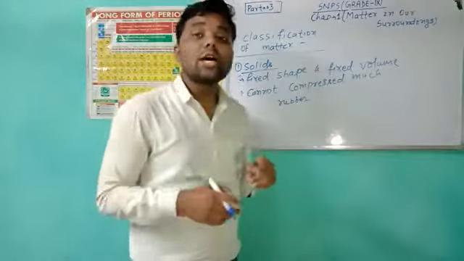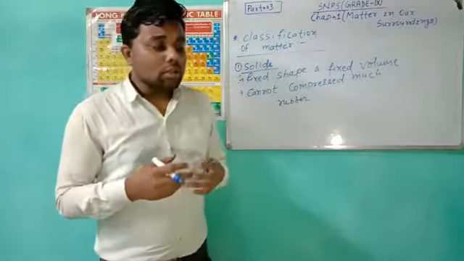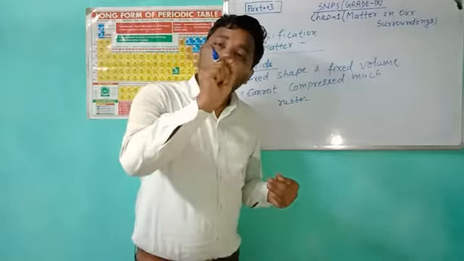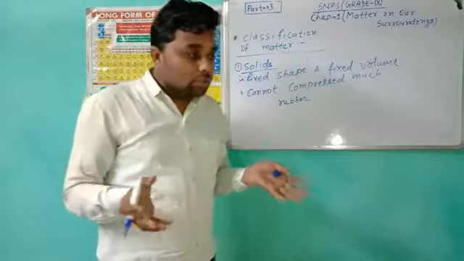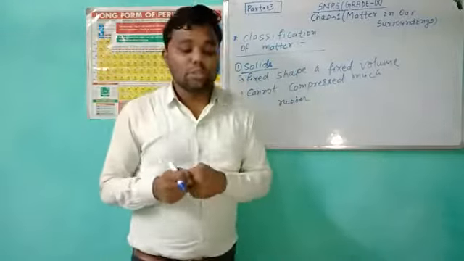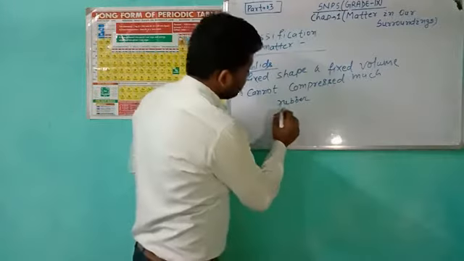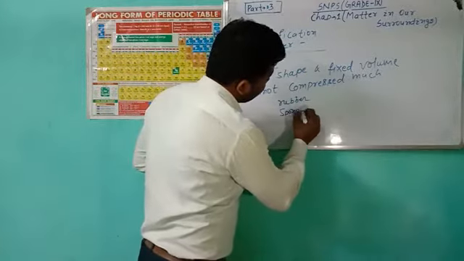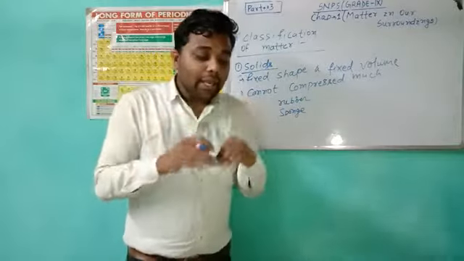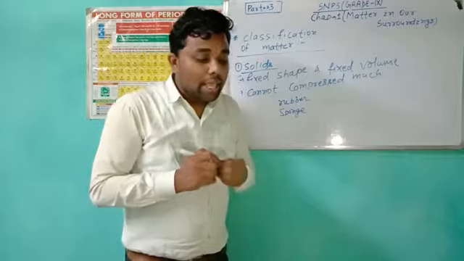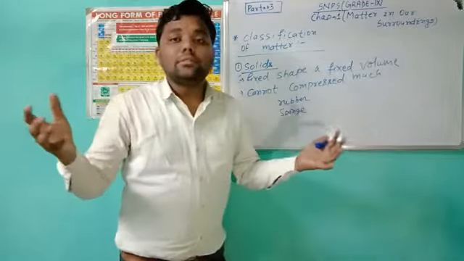One more is the sponge. A sponge has tiny pores in it, and it traps a lot of air. When we press the sponge, the air present in the pores is expelled.